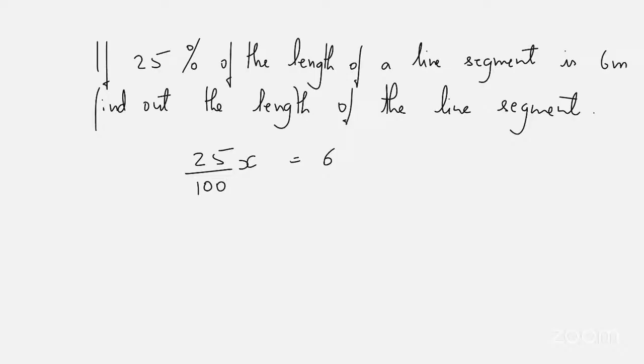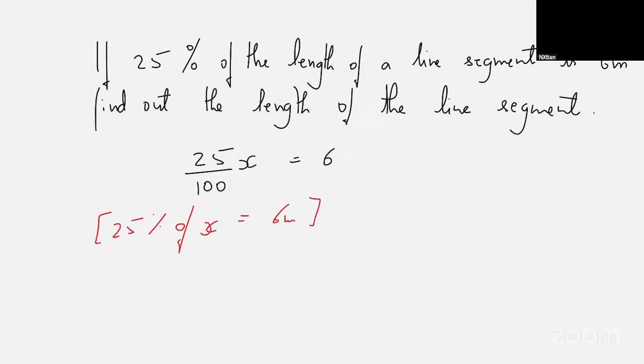See, what I'm doing is write it in a bracket. 25% of x is equals to 6 meter. Means x is the total and 25% of x is 6 meter.